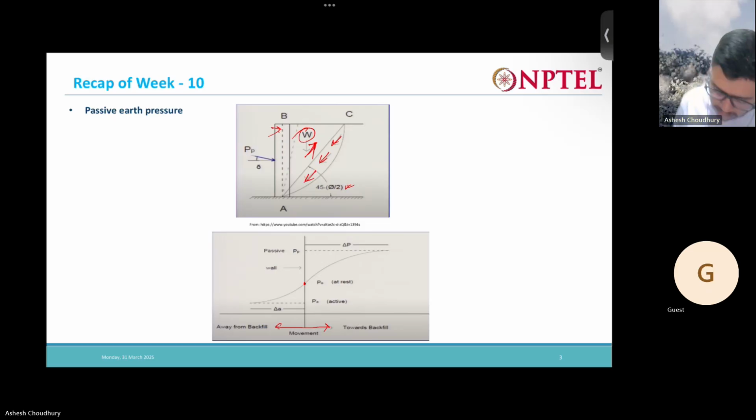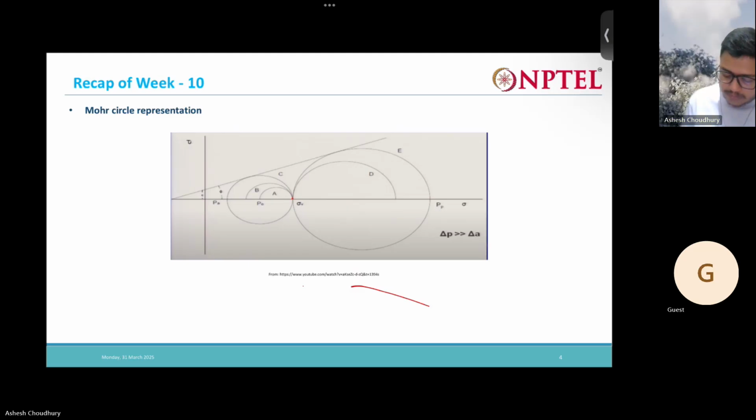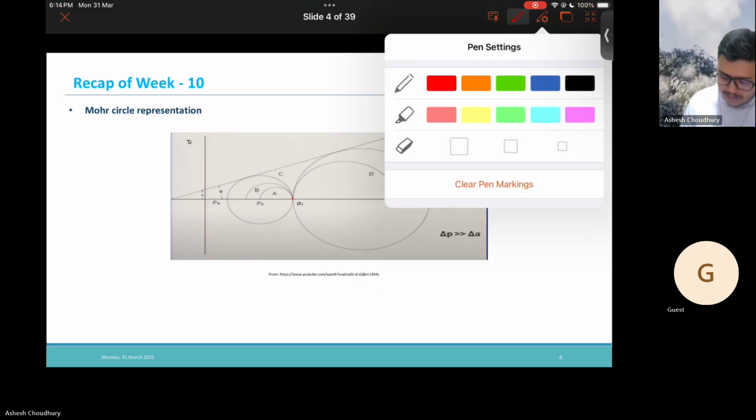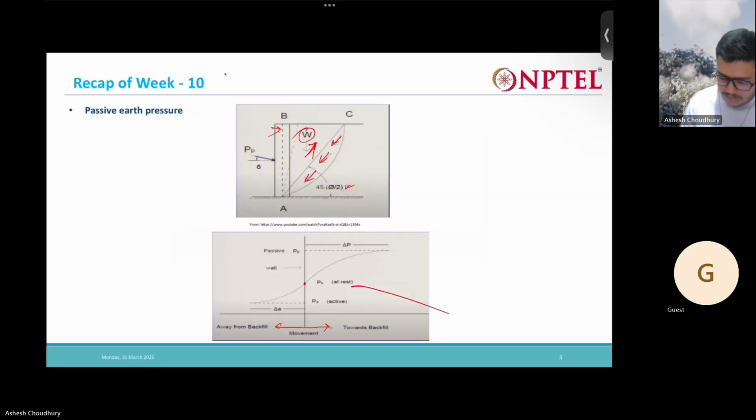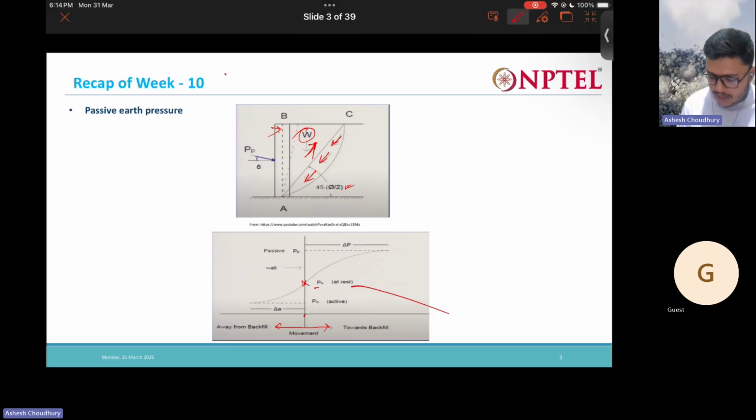So you can see that at zero movement, that is the earth pressure at rest. You have this P naught, that is the earth pressure at rest.